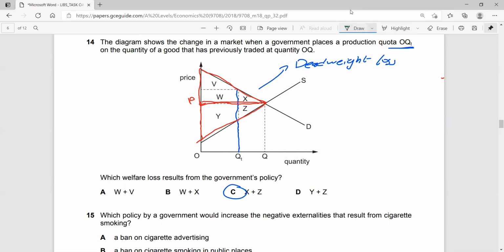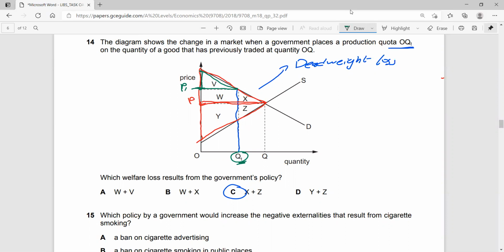Let's observe that. Now at QT, the price will be this. For the consumers, you take the price, you take the quantity, you look at the demand curve, and the consumers are willing to pay this price. So this will be the consumer surplus, which is the area above the new price and below the demand curve.